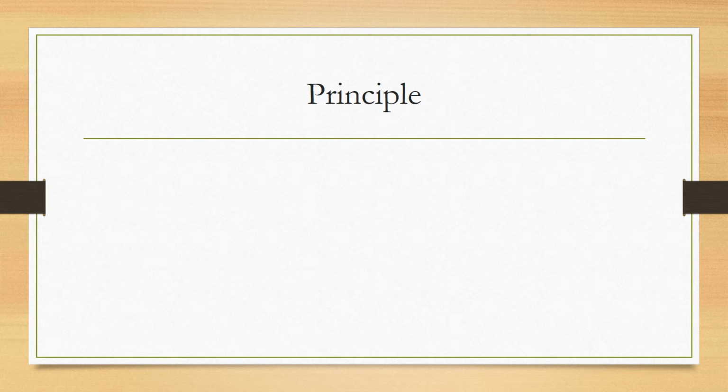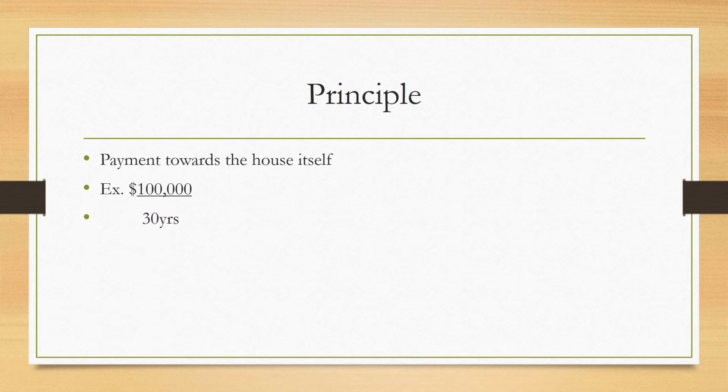Now let's discuss principal. The principal is any payment going towards the house itself. So in our scenario today, we're going to assume that the house was purchased at an even 100 grand, right? And we'll assume a very common occurrence that the length of the loan is 30 years and the interest rate on the mortgage is 4%.